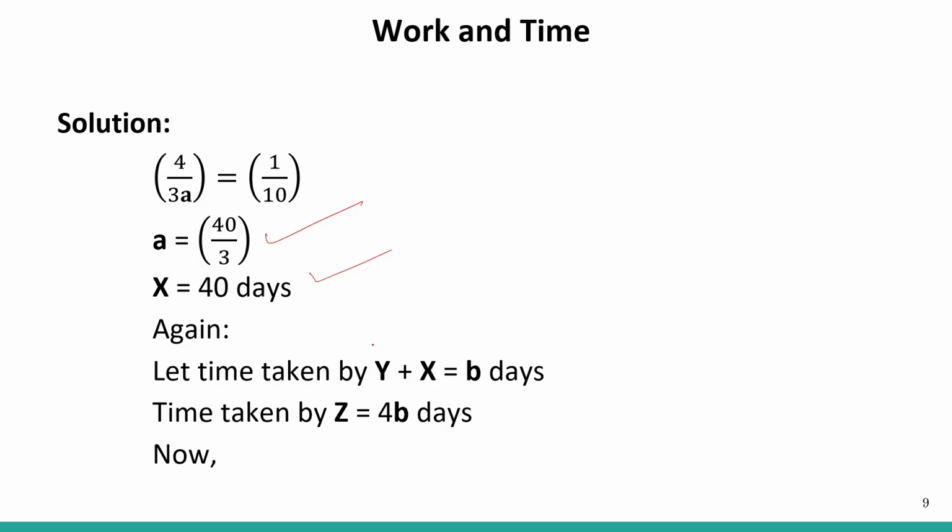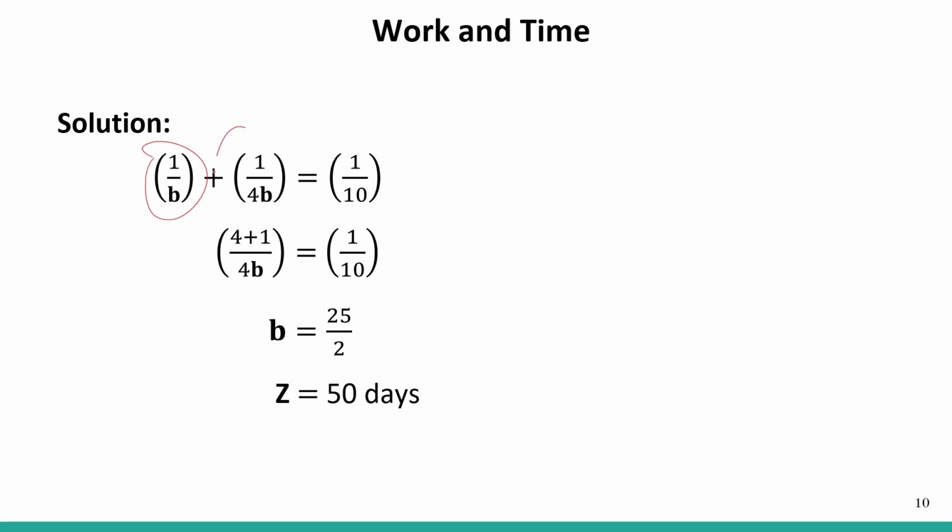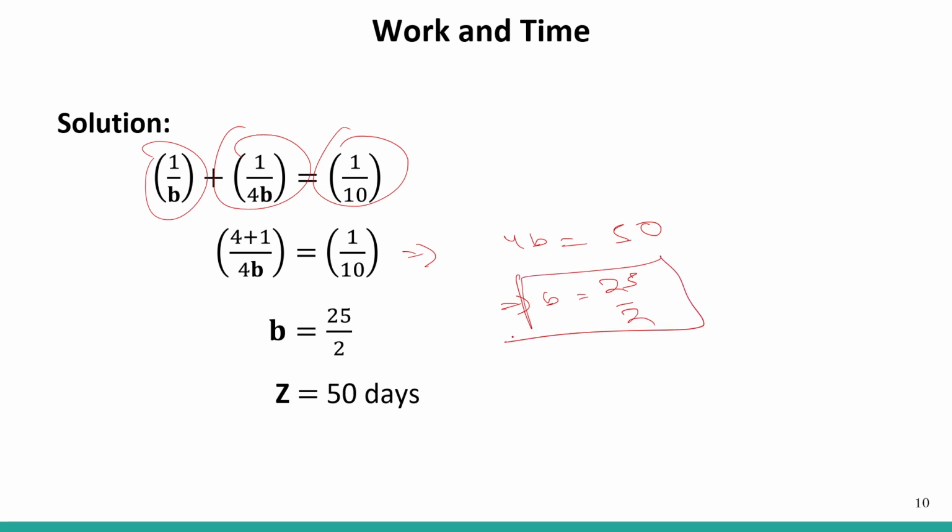Again, let the time taken by Y plus X be B days. So Z is equal to 4B days. Now 1 by B plus 1 by 4B is equal to 1 by 10. So this implies that 4B is equal to 50 and B is equal to 25 by 2.